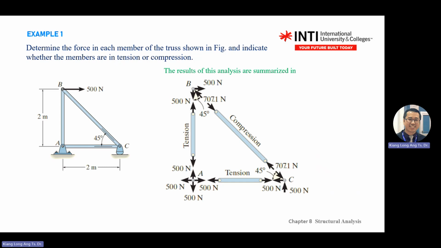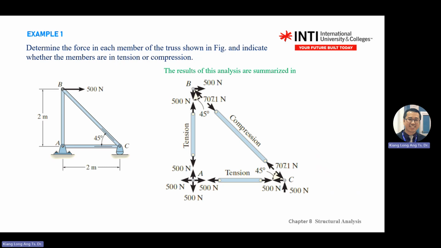And as you can see, when you draw the members, you need to flip the direction. For example, pin A points up, so this member actually needs the opposite force. So same here. When you see two arrows pointing up, this member is actually in tension. This one is in compression. This one is in tension. You need to flip from the pin onto the members.